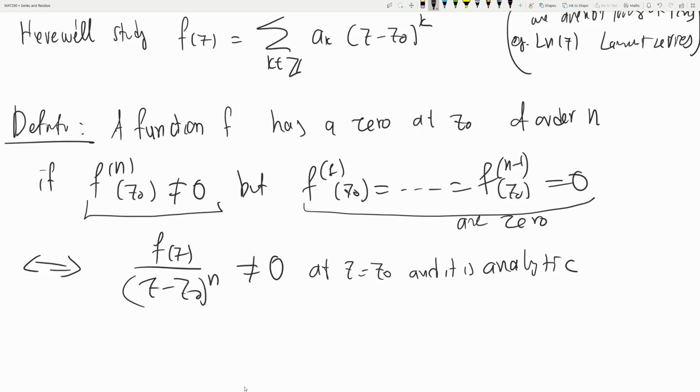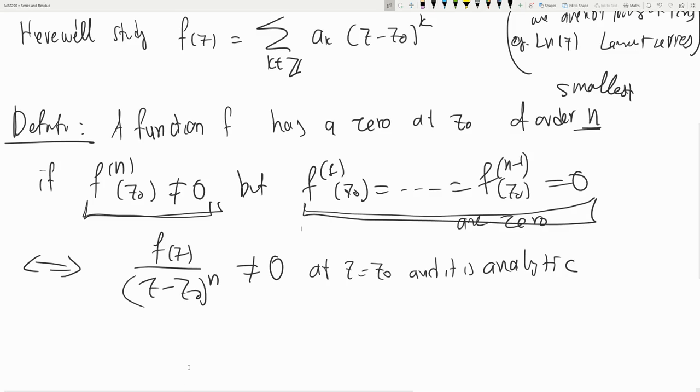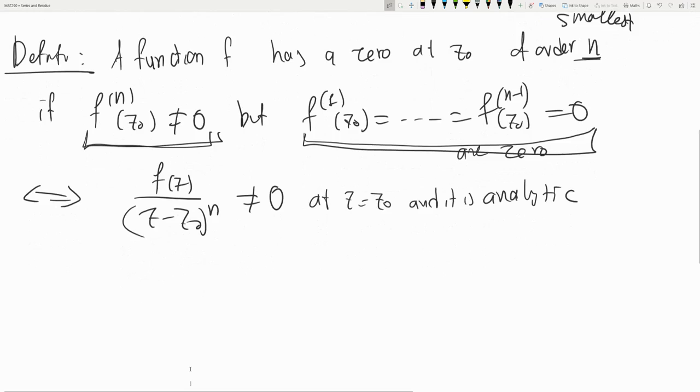Right, we pick the smallest such n. And by smallest, we mean this one is not 0, but all the other ones are 0. Okay, so let's do some examples here.